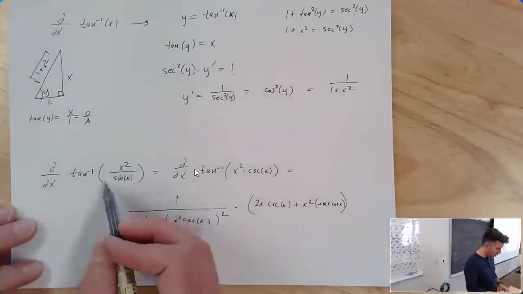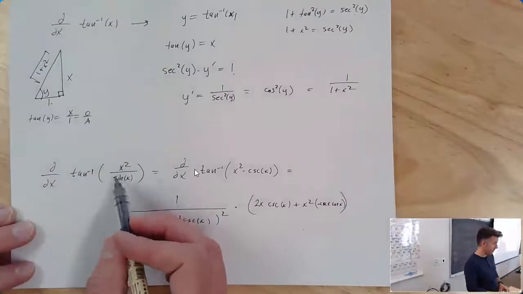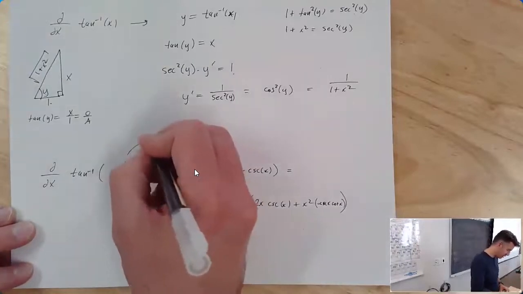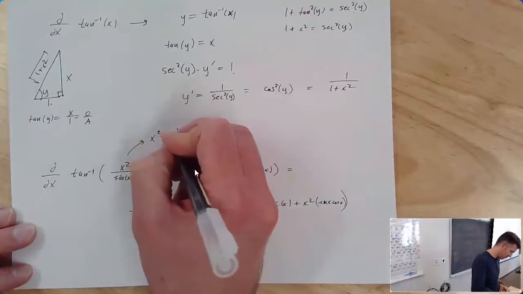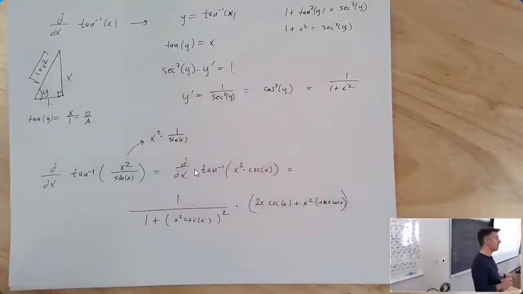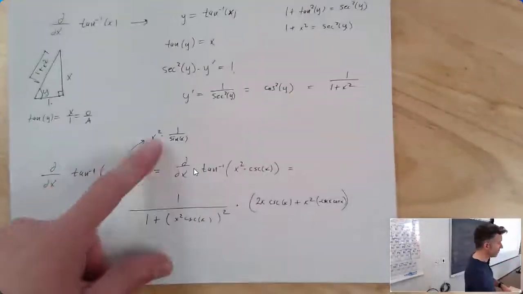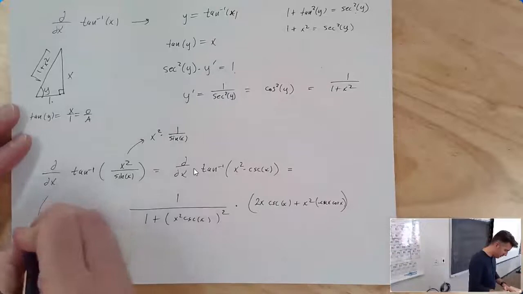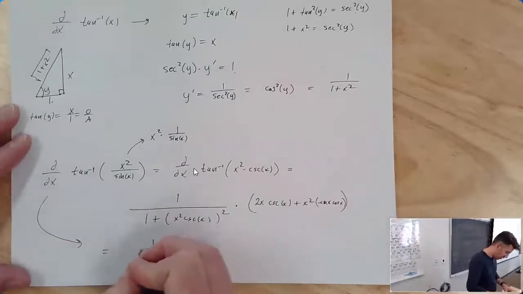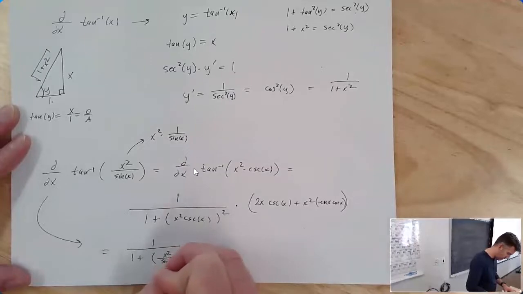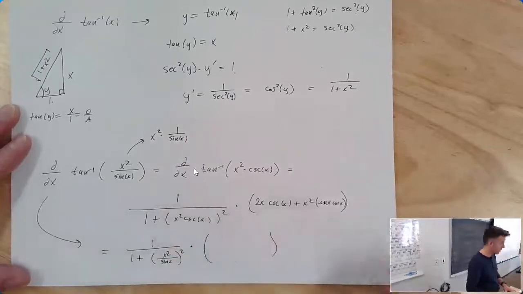Because I rewrote it, I have x squared divided by sine, which is the same as x squared times 1/sine. And 1/sine of x is the same as cosecant of x. You don't have to make that change, though. You could totally have written the derivative as 1/(1 plus your stuff squared), which is x squared over sine of x squared, times the derivative of that stuff, for which we're going to use the quotient rule.